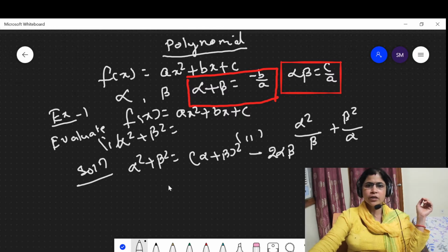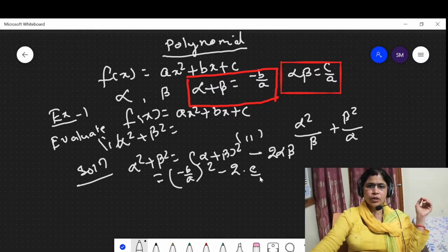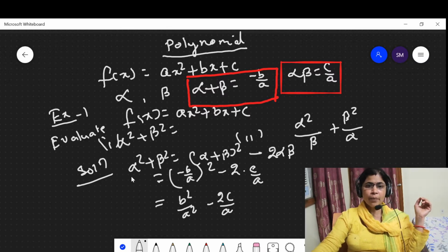Then, as you know, alpha plus beta is minus b upon a, whole square, minus 2 into c upon a. This is b square upon a square minus 2c upon a. This is the value of alpha square plus beta square.